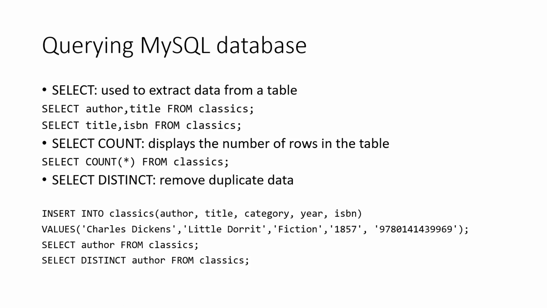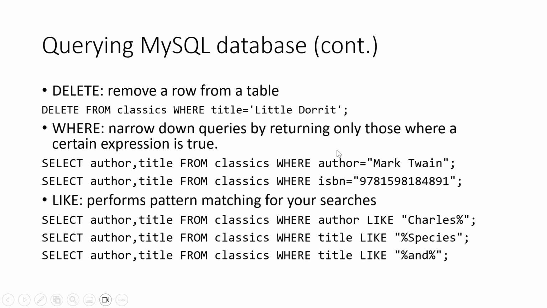But a couple of things: we can use aggregate functions, and we can use distinct, especially since SQL results may contain duplicate values. We may have to use the distinct keyword to remove any duplicates. And you can also narrow down the number of queries.